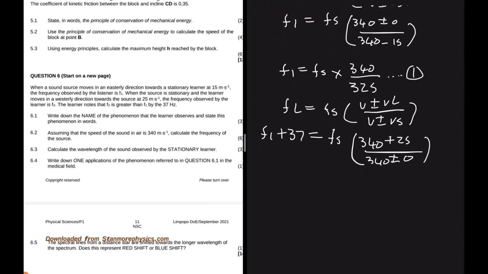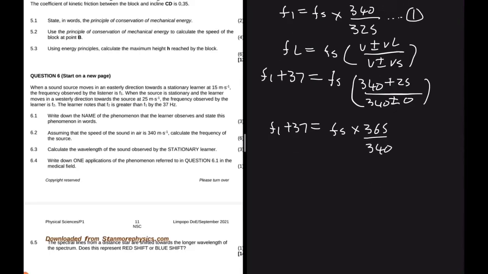So F1 plus 37 equals Fs multiplied by 365 divided by 340. We can go ahead and make F1 the subject of the formula. We're going to get F1 equals Fs multiplied by 365 divided by 340, minus 37, and we can call this equation 2.